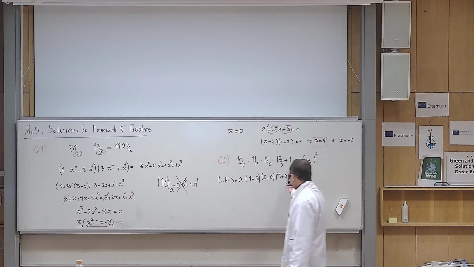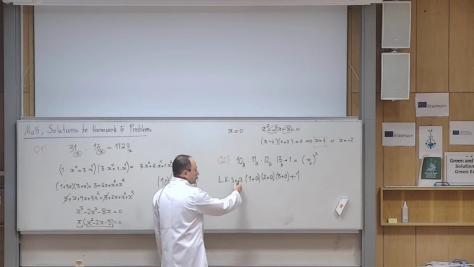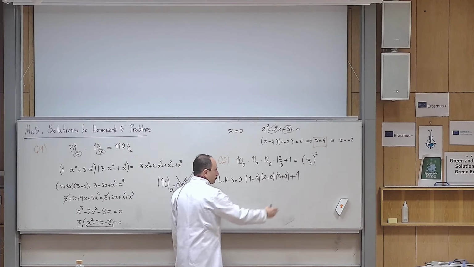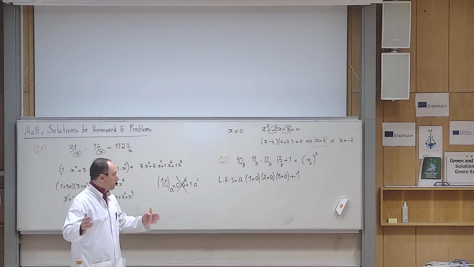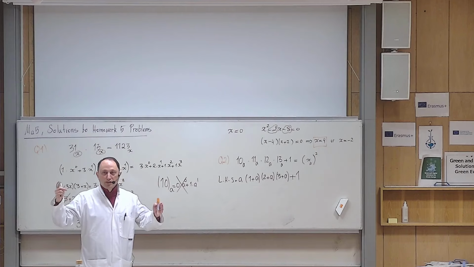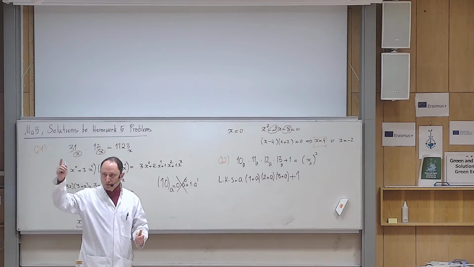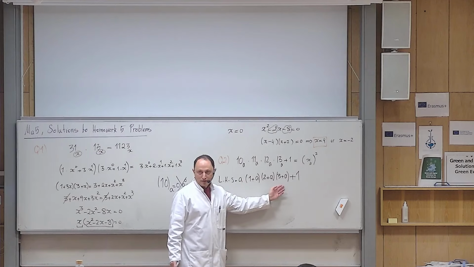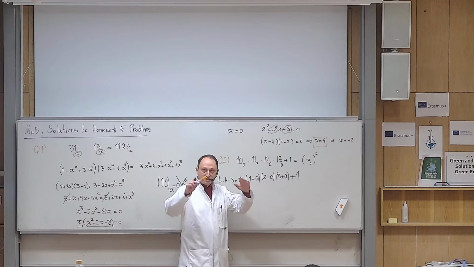Okay. But my point was to expand it in a clever way. Of course, if you multiply one after the other, it is not that hard. You can expand that. But then you get a polynomial of degree 4. You might not easily be able to write it as a polynomial to the power 2. If you can, that's okay. You just expand that and then see if the result is something to the power 2.